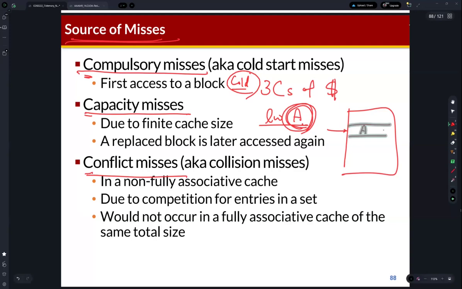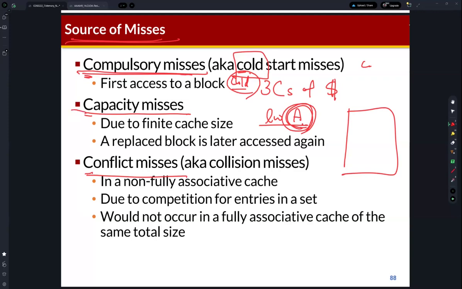So if the data is first requested, then this is a miss, right? This type of miss is called a compulsory miss or cold miss. Cold also starts with C. So this is the cache misses when the data is first requested.